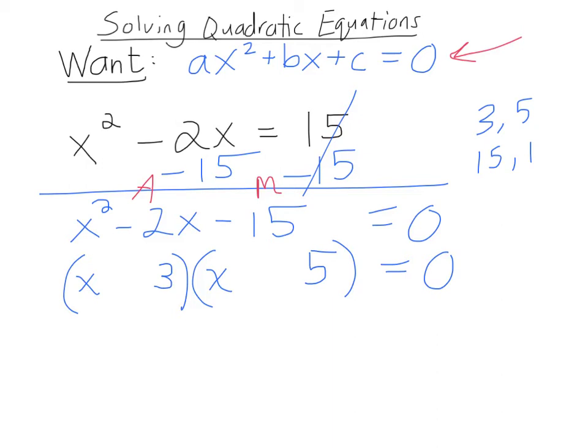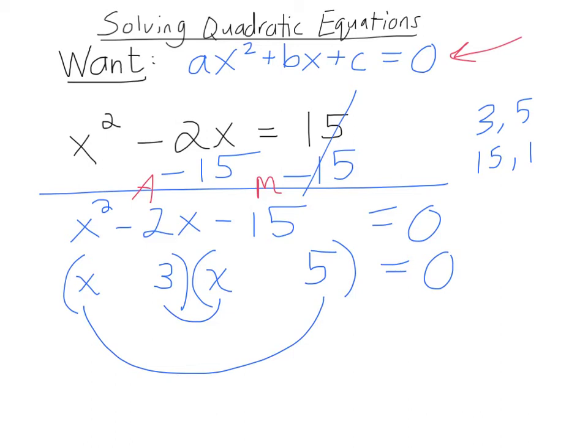Well, if you think about foiling or multiplying binomials, we know that the inner and the outer terms are connected if you were to distribute or multiply this out. So you just have to ask yourself now, to multiply to -15, one of these terms is going to be positive, one of them is going to be negative.